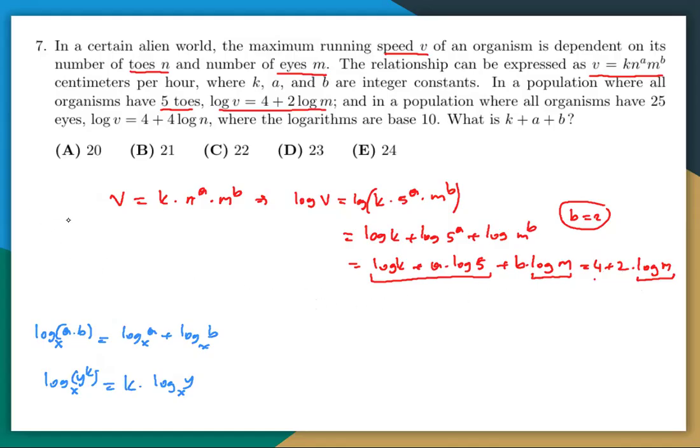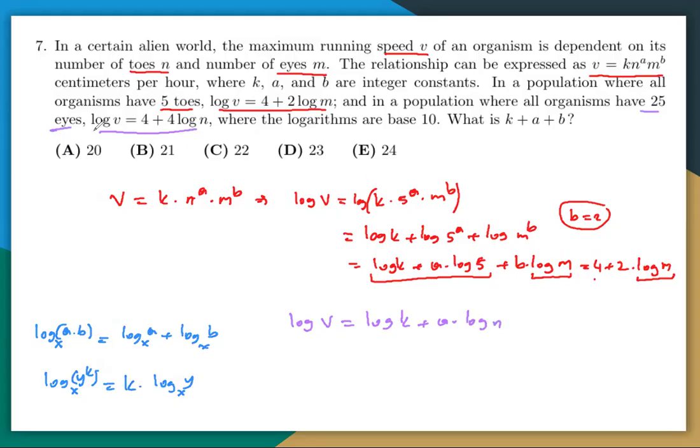And the next one we have is if you have 25 eyes, which is m is 25, we got this equation. So let's use that as well. So log v, I'm going to skip this process. You get log k plus a in front, so a times log n.